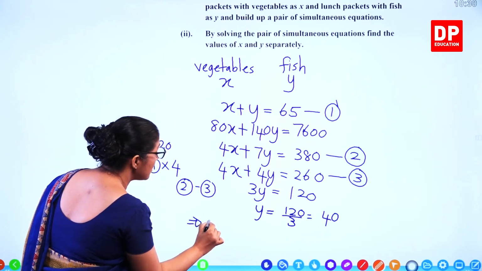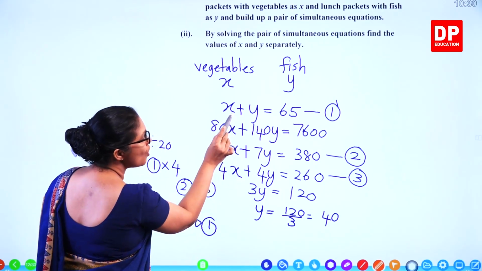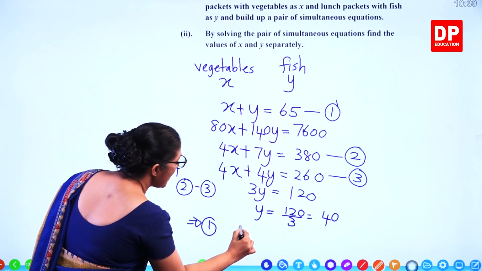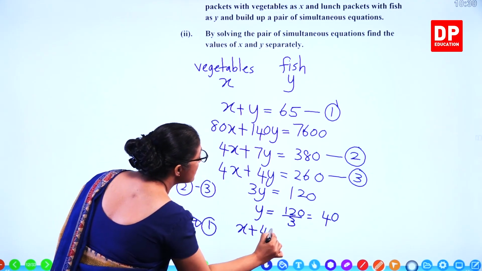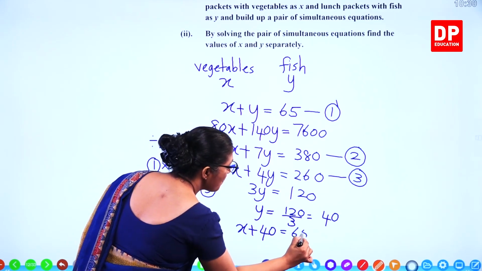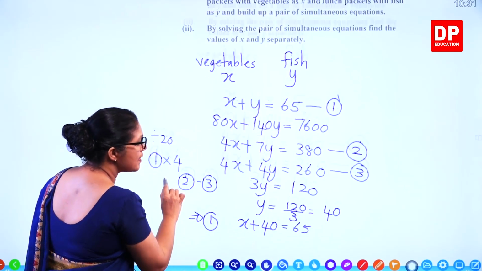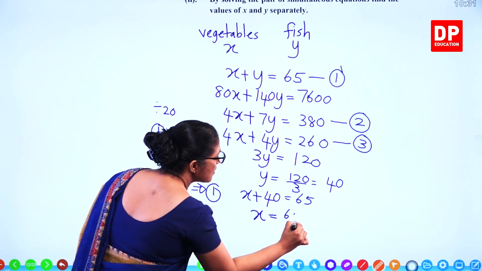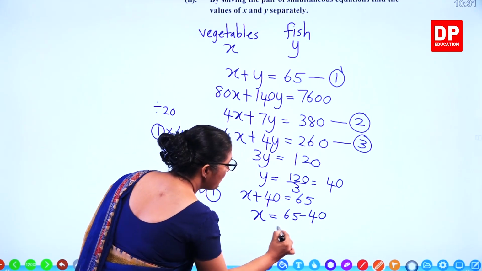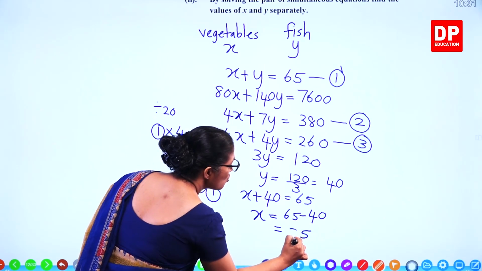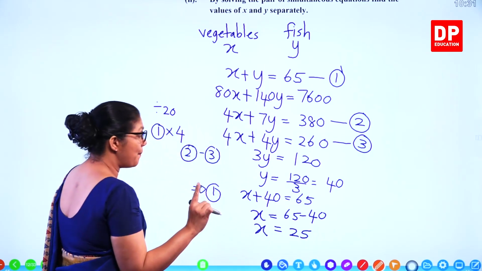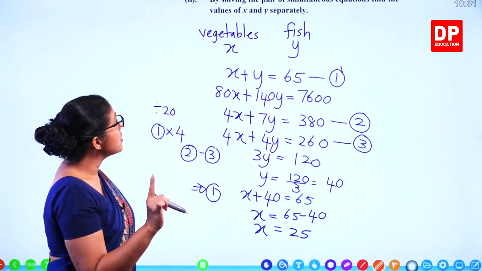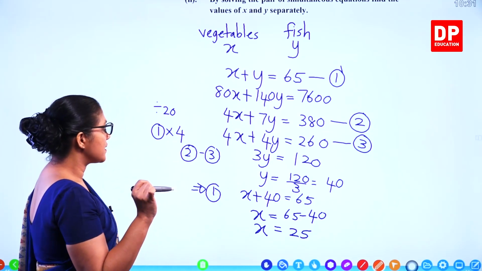So we'll take the first one. That's the easiest one to substitute. So when you take the first one, x plus 40 is equal to 65. Take 40 to the other side, you get 65 minus 40, 25. So that means 25 students bought vegetable lunch packets.